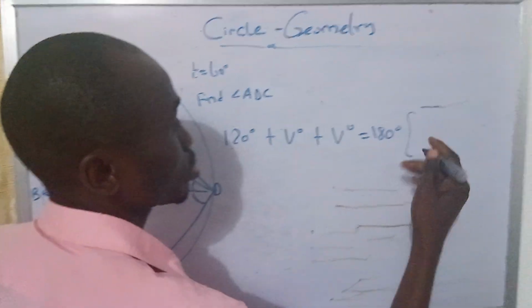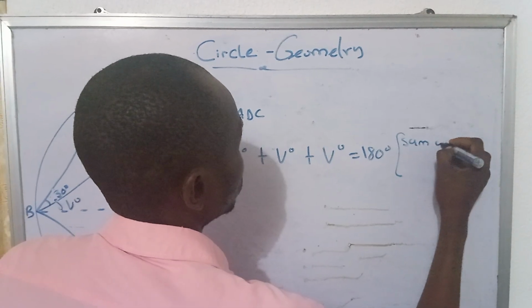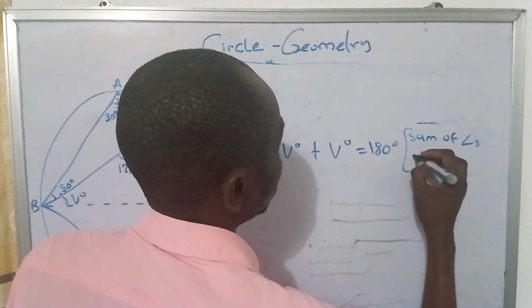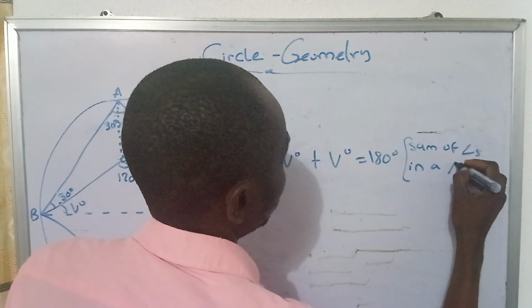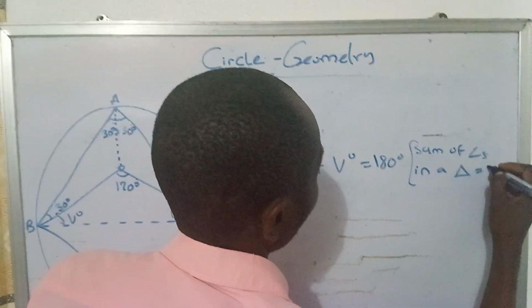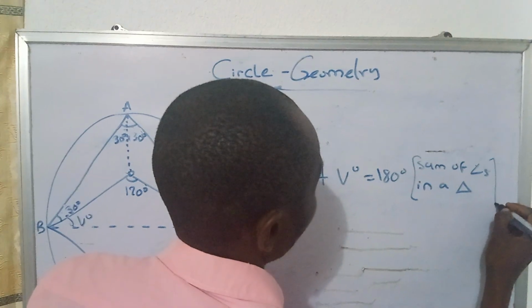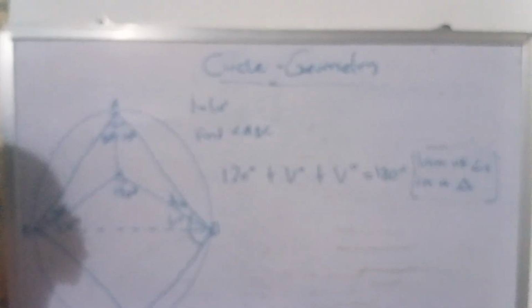So you need to put a theorem. Sum of angles written this way in a triangle, also in this way, equals, okay, you can just leave it this way. Let's go this way: sum of angles in a triangle, right?